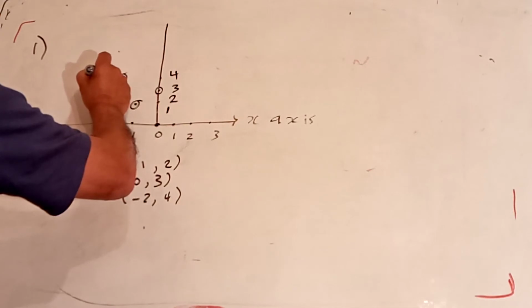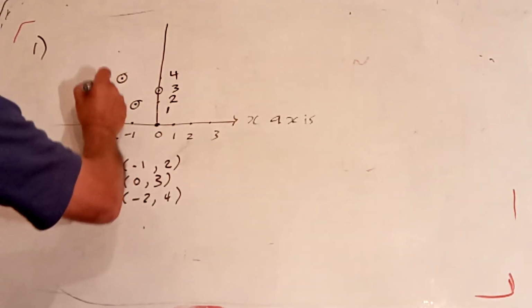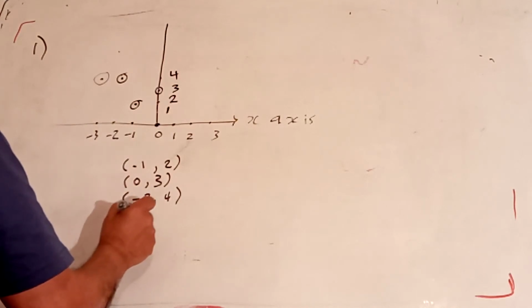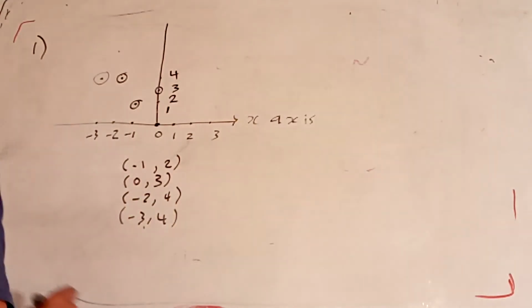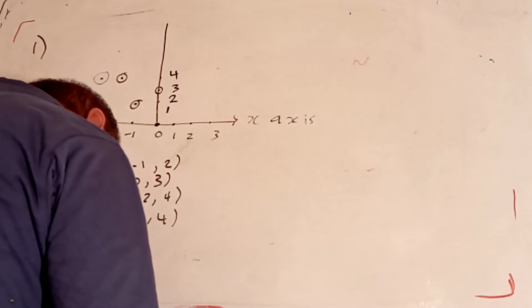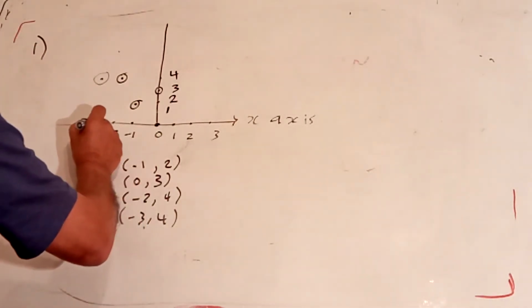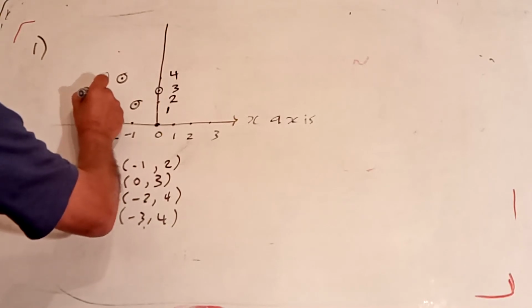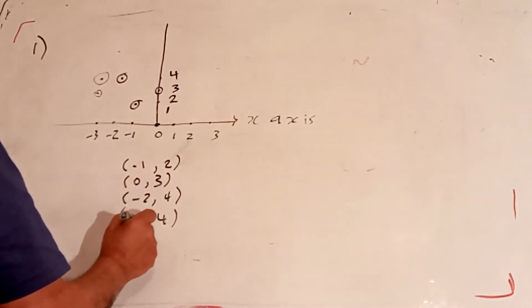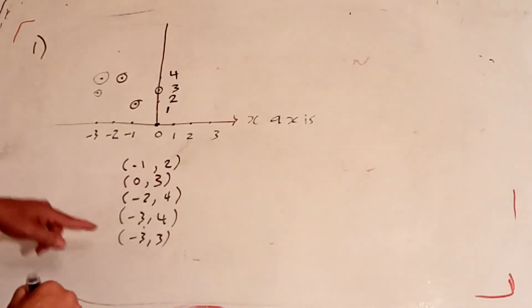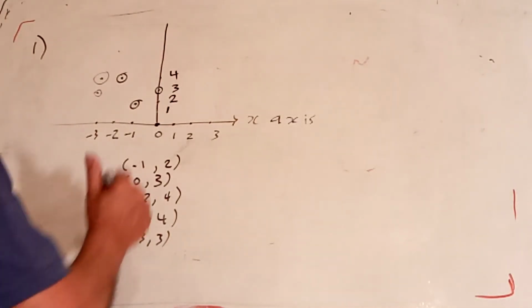This point here, this is -3. You can see it from here, -3, and from here 4. The fifth point is -3 and 3. It's this point here. Just check them, okay? There are 5 points.